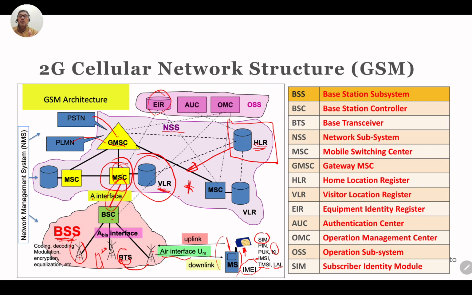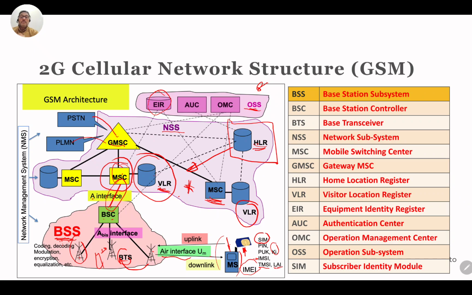For every mobile switching center we have one visitor location register connected to it. You can see that we have here another mobile switching center connected to its visitor location register. Finally, we have the fourth part, which is called the operation and management. In GSM we call it the operation subsystem.